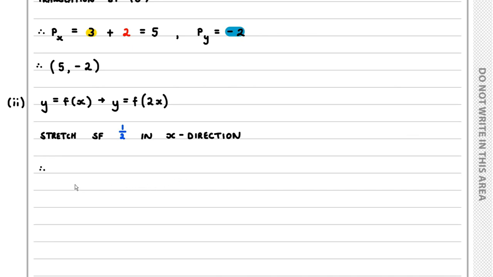So, that means the new x coordinate of P will equal 3 multiplied by 1/2, which is 1.5. And because we are not doing anything in the y direction, the new y coordinate of P will equal negative 2, meaning the new coordinates of P will be (1.5, -2).